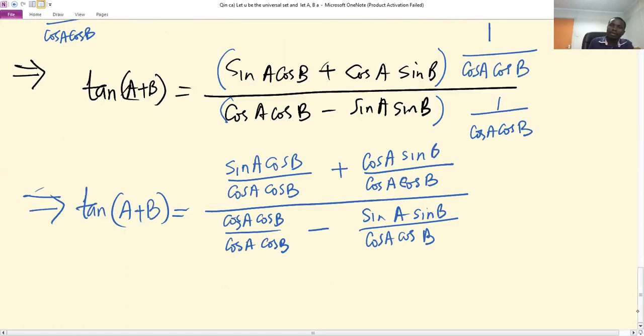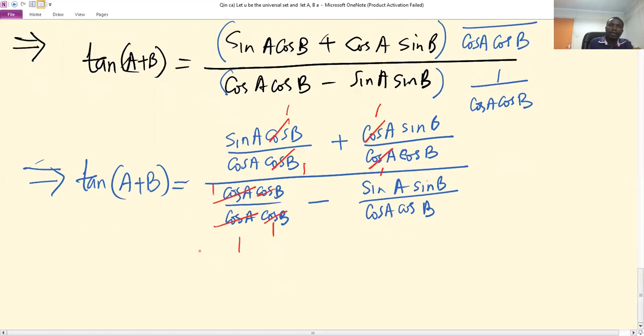But by this computation, we see that this part now will give us 1. And this cancels out. This and this cancel out.